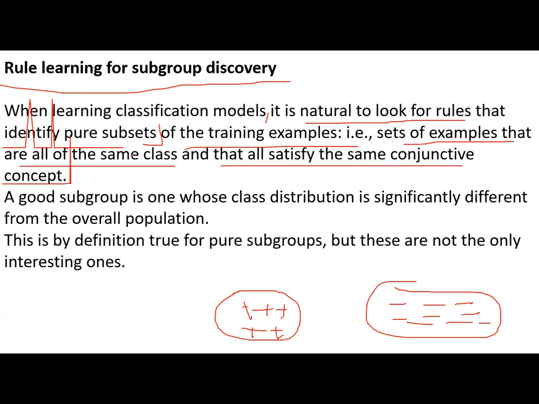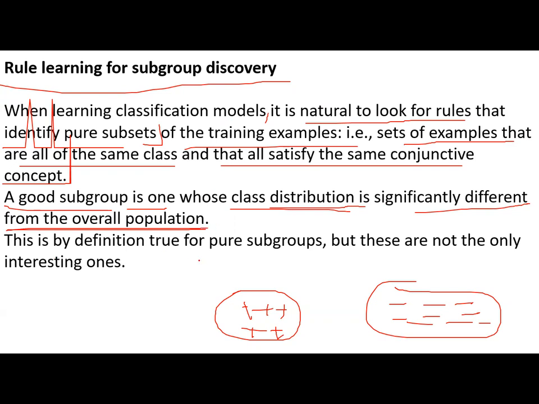A good subgroup is one whose class distribution is significantly different from the overall population.